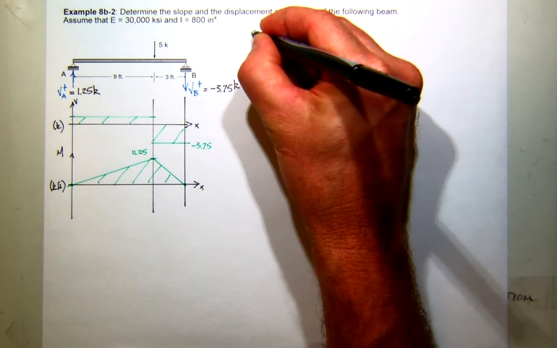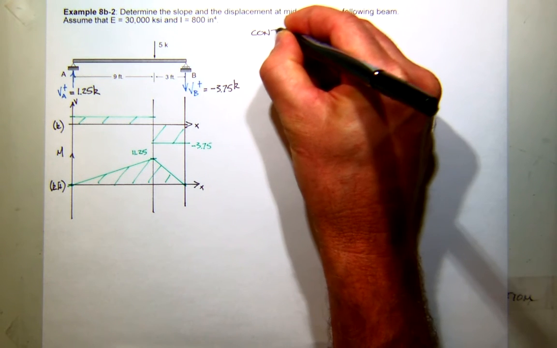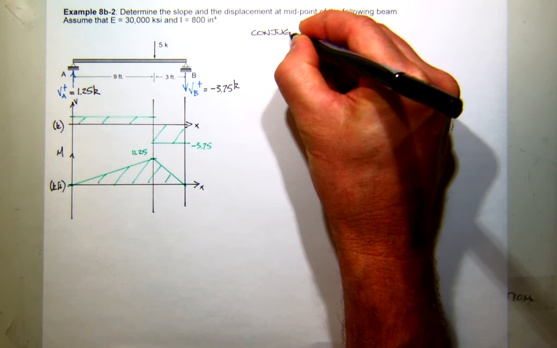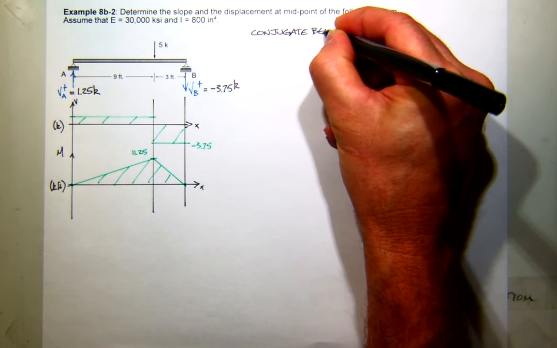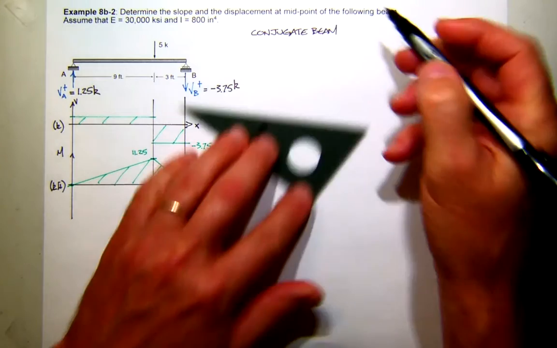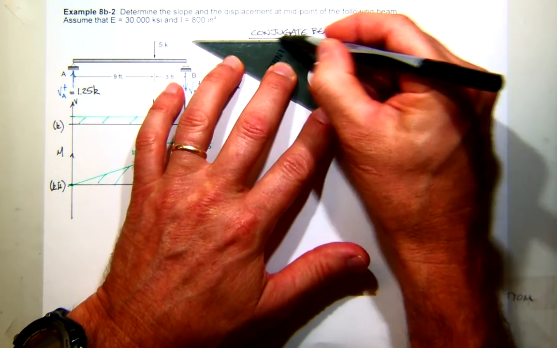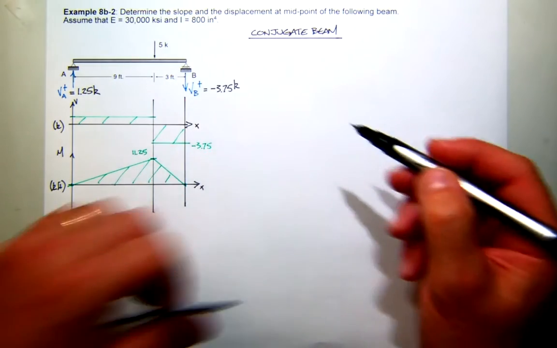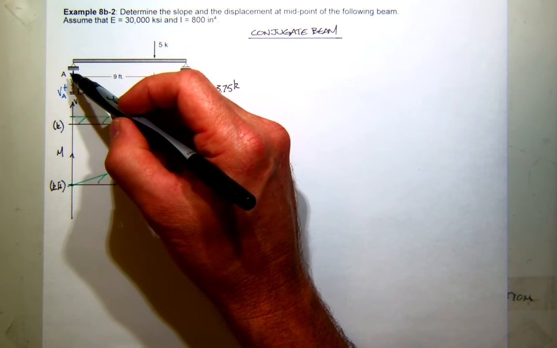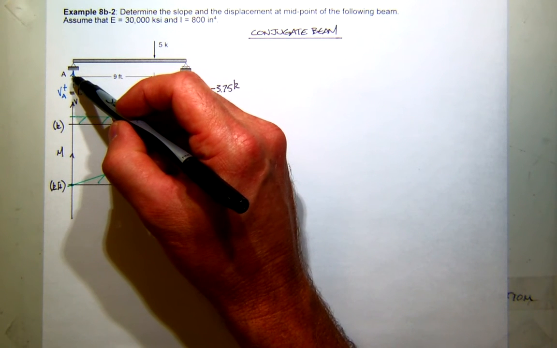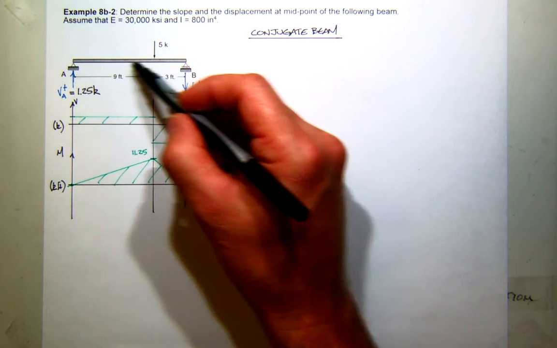So let's come over and construct the conjugate beam. How do we construct the conjugate beam? We look at our support conditions, our connections, and we see what we have. So this external pin in the real beam is going to be what in the conjugate beam? External pin. The same. Then there's nothing here, and there's another one.